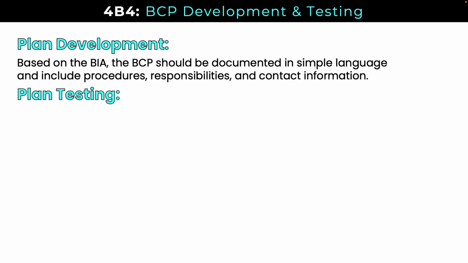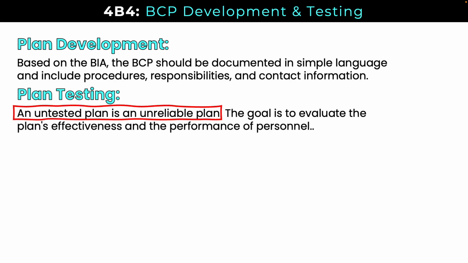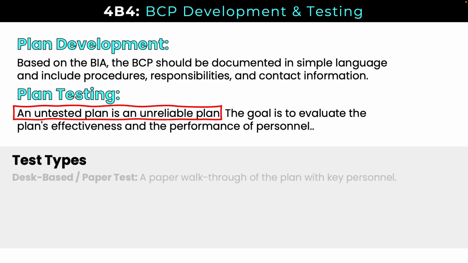From a testing perspective, an untested BCP is an unreliable plan. The goal is to evaluate the plan's effectiveness and the performance of personnel. There are a few different types of tests we can use for our BCP. So a desk-based or paper test, this is essentially a paper walkthrough of the plan with key personnel.